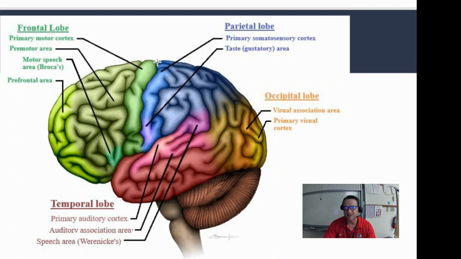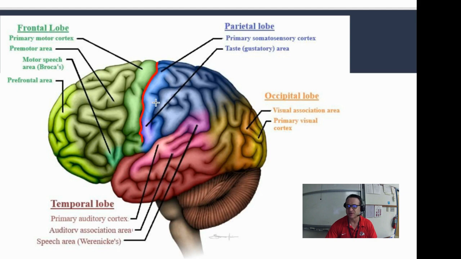All right, so remember, here is the central sulcus, the shallow groove in the brain that separates the frontal lobe in green and the parietal lobe in bluish purplish. Remember, this bump right here, this gyrus, is called the precentral gyrus. This is where your primary motor cortex is located. So this is what initiates all your skeletal muscle movements.